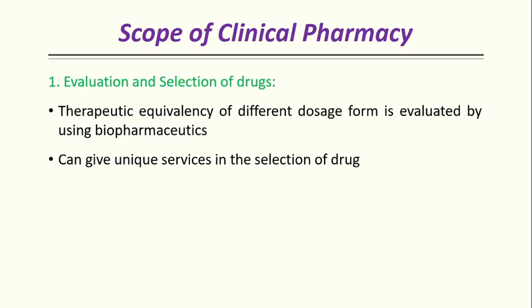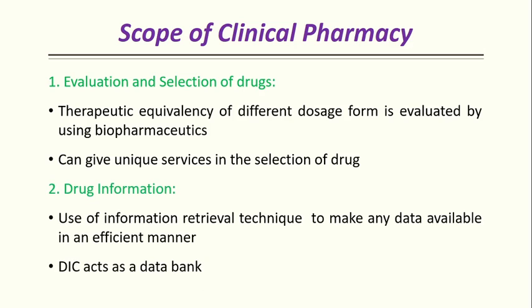This evaluation is done by using biopharmaceutics, so it can give unique services in the selection of drug. After evaluation, the pharmacist will assist the physician with medication for that particular patient. So that is the first scope, evaluation and selection of drug. Let's move to the next scope.